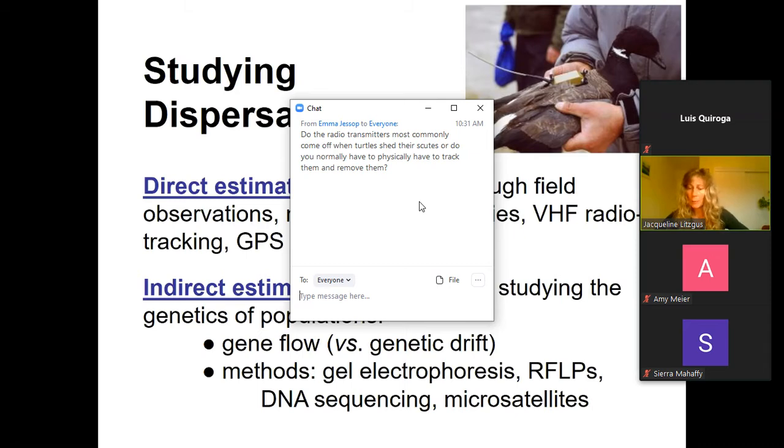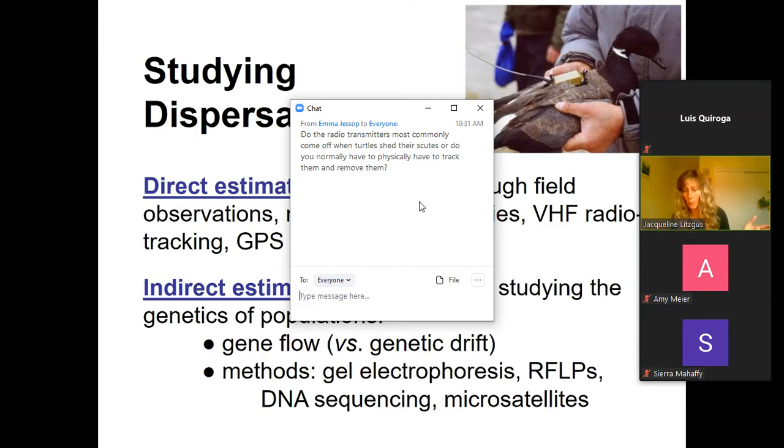So again, when you have little gene flow, you end up with genetic drift, right, which is fixation of alleles. So over time, by chance events, some of the alleles disappear out of a population. And so you end up with this very limited genetic diversity and this fixation of alleles, and we call that genetic drift.